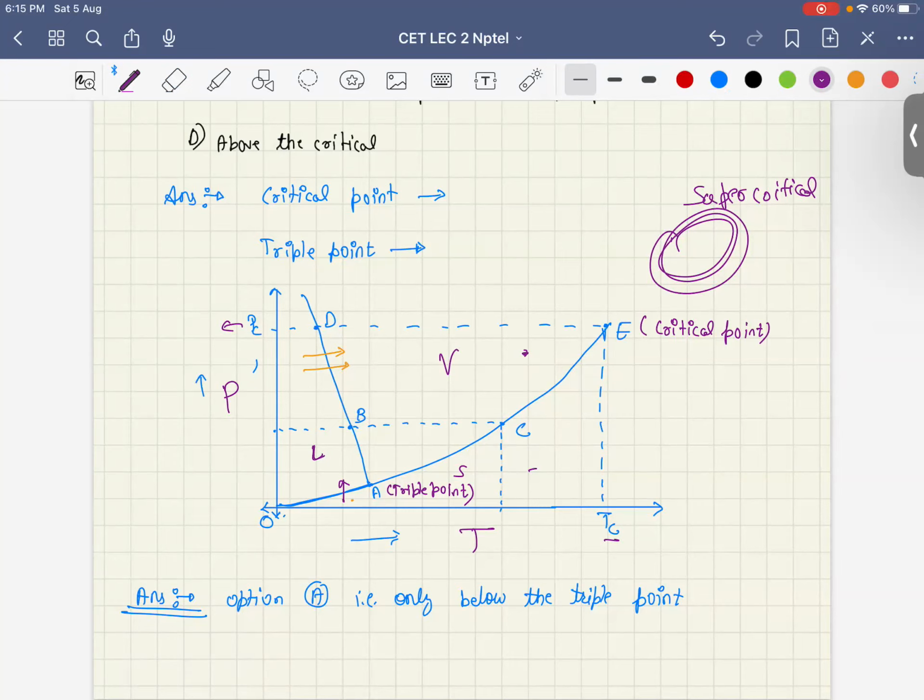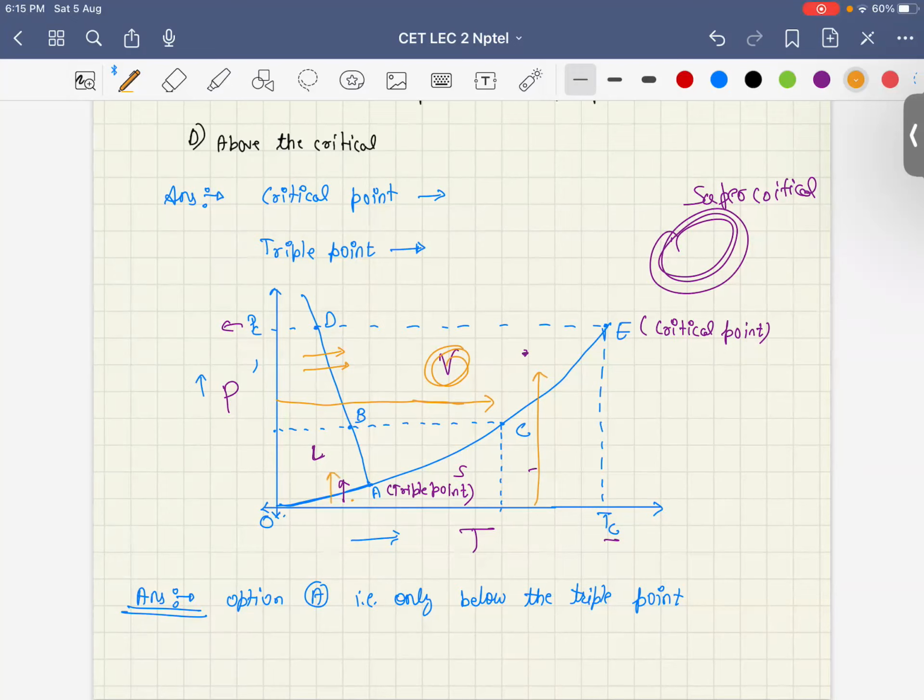Which area will be vapor? This part will be vapor. When you are increasing pressure at a given temperature, it is likely to change into the liquid phase.